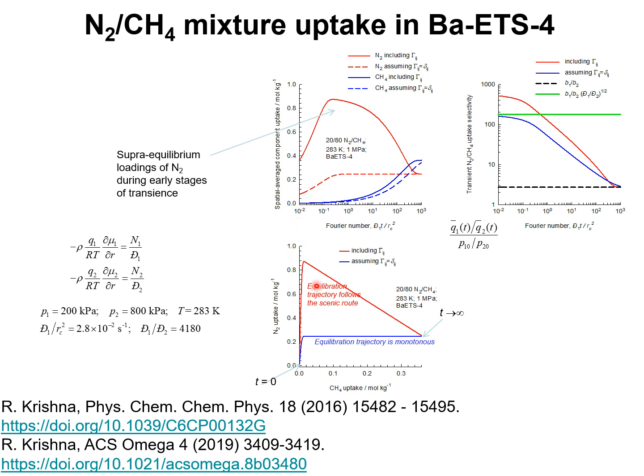Now, in this diagram below, I plot the nitrogen uptake versus the methane uptake from the two sets of simulations, both including thermodynamic coupling and the blue one in which thermodynamic coupling effects are ignored.